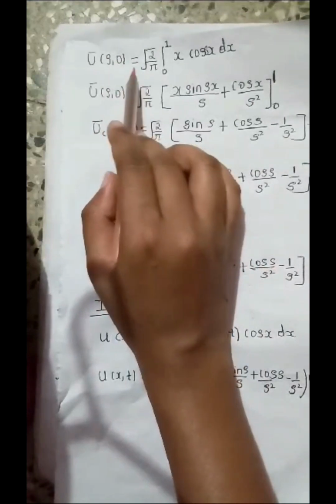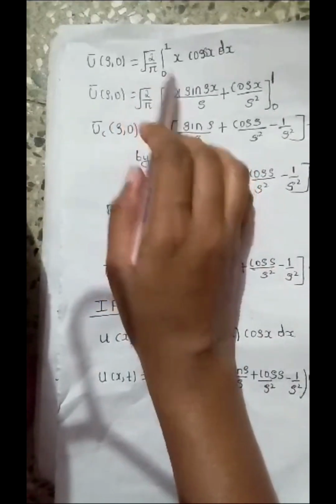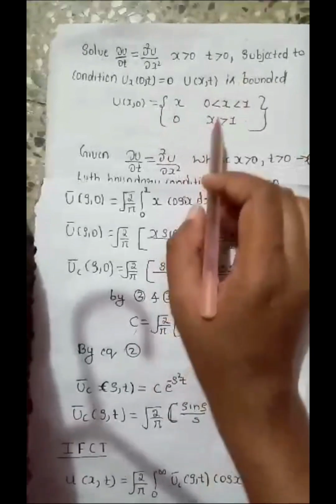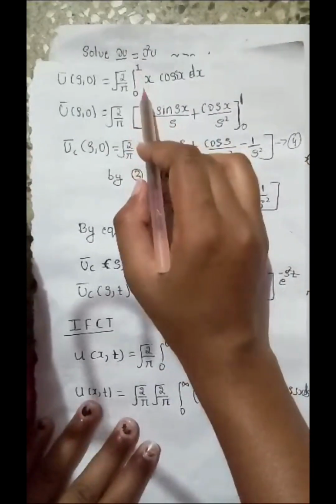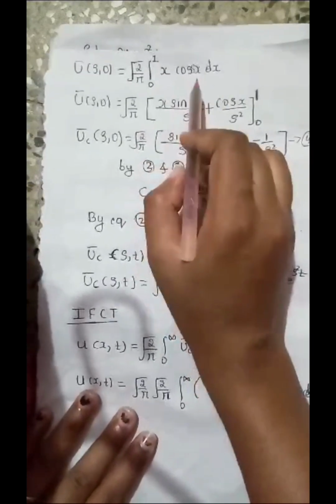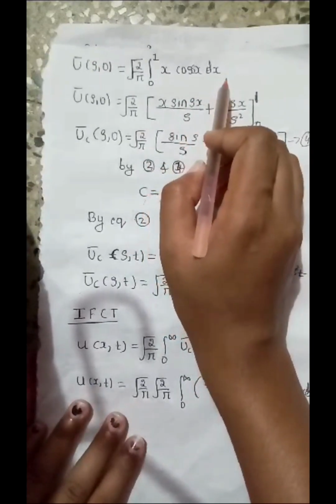After taking this, ū_c(s, 0) equals square root of 2 by pi, where in the initial condition you have seen that x is greater than 0 and less than 1. So the limit varies from 0 to 1, x cos sx dx.